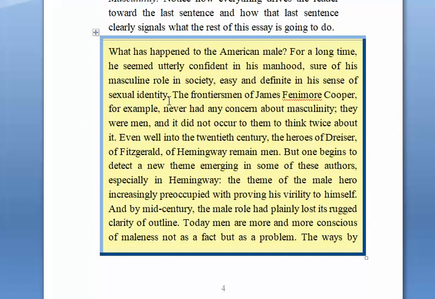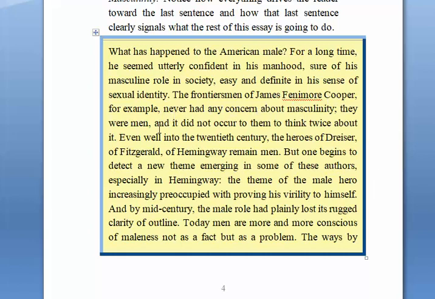What has happened to the American male? For a long time, he seemed utterly confident in his manhood, sure of his masculine role in society, easy and definite in his sense of sexual identity. The frontier men of James Fenimore Cooper, for example, never had any concern about masculinity.